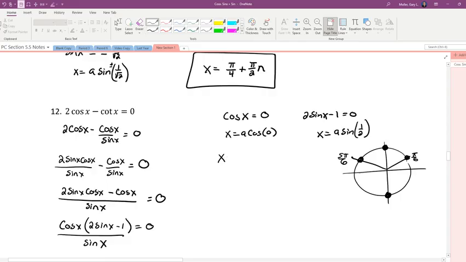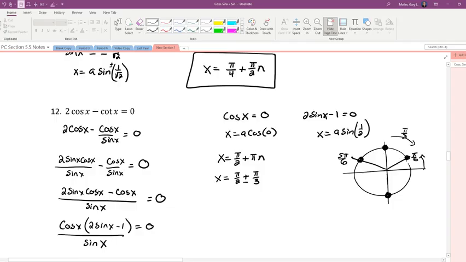So I'm going to say x is equal to pi over 2 plus pi n. And then I'm going to say x equals, I'm going to start at pi over 2, but I'm going to tell you to add and subtract pi over 3, because this is pi over 6, so this is pi over 3.